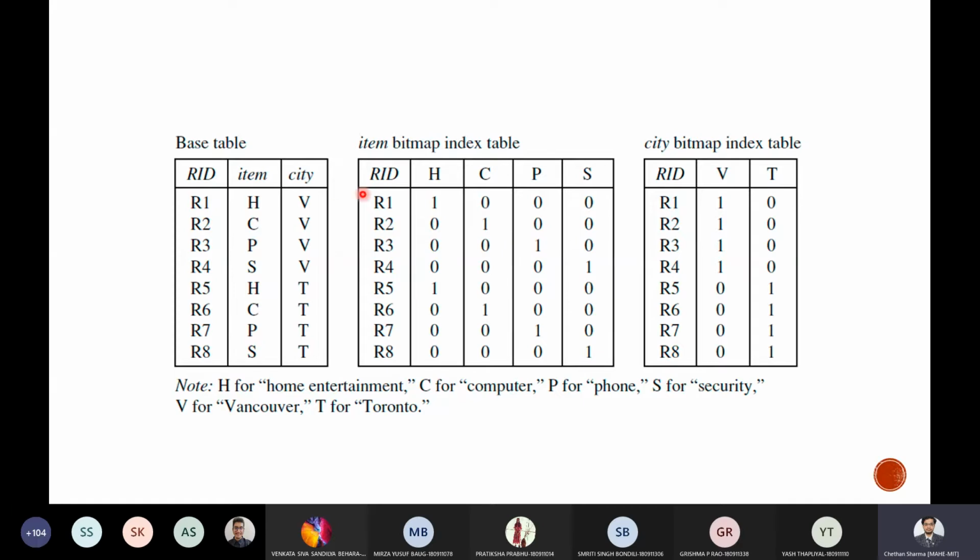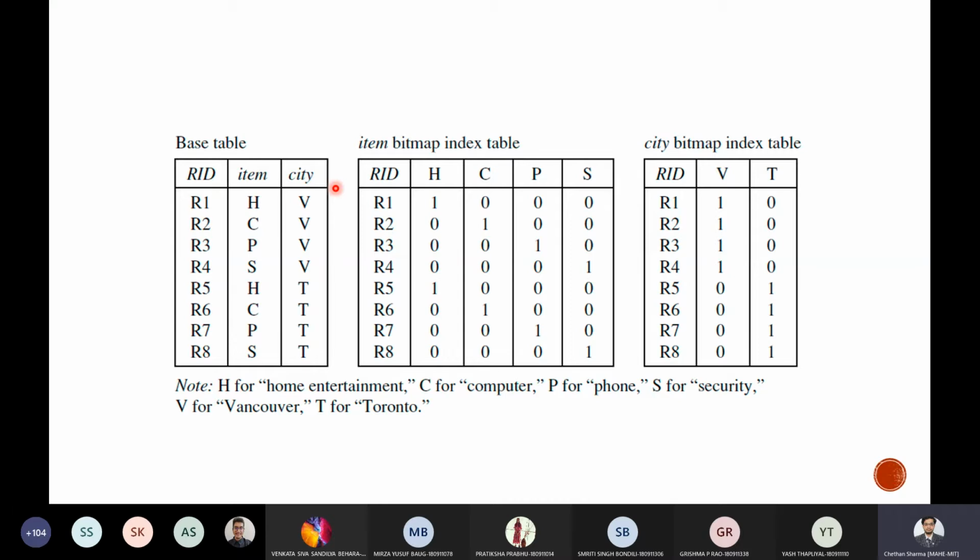Like this you generate the item bitmap index table. Same thing with respect to the city. In R1 only V is 1. In R2 it's just V, so again just V is 1. In R5 there is only T, so V will be 0 here and T will be 1.